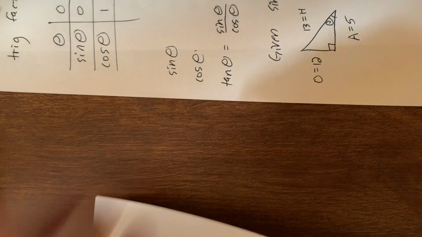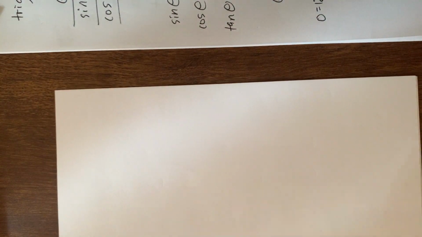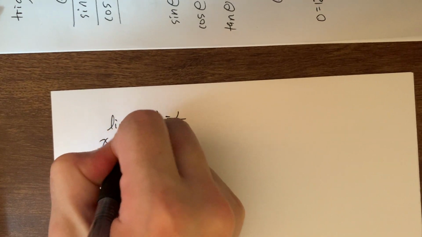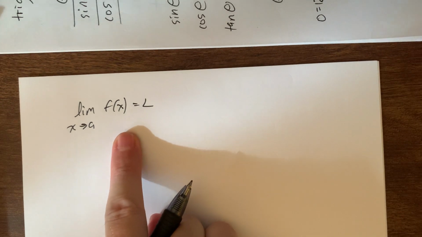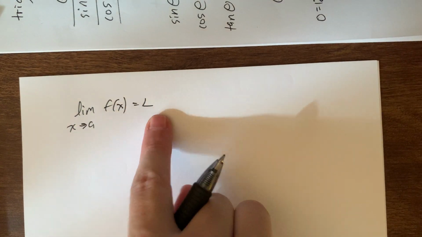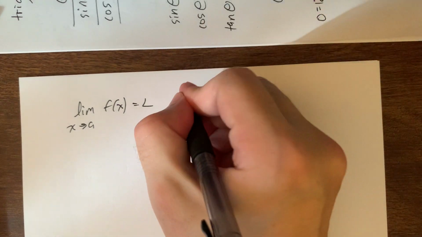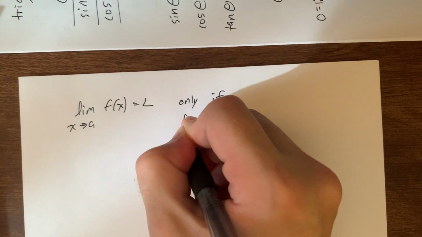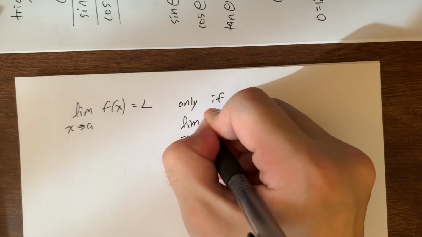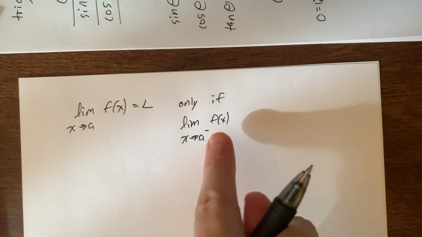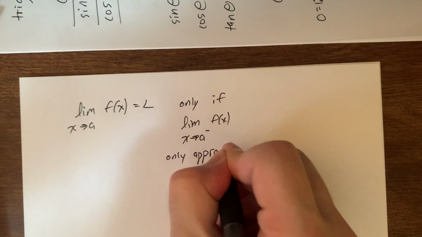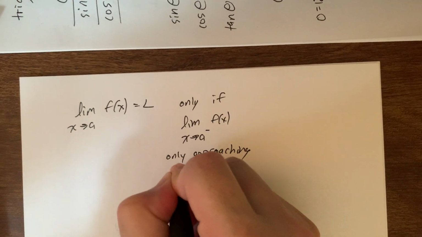Okay, so now as I flip to the next page, let's formalize a bunch of what we were just saying. We already have established our limit notation, but now let's make this even more clear. This limit equals L only if the limit of f of x as x approaches a with a minus sign up here, and what that specifically means is we're only approaching from the left.